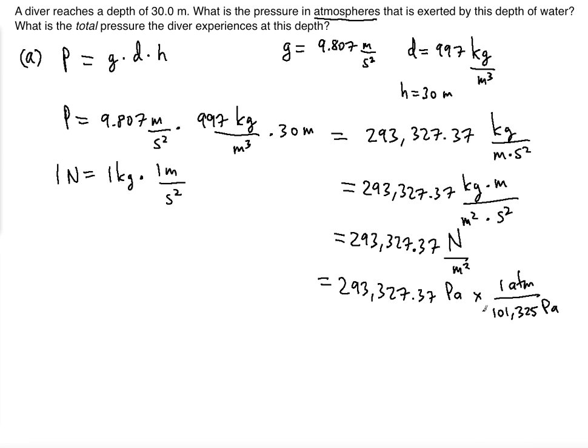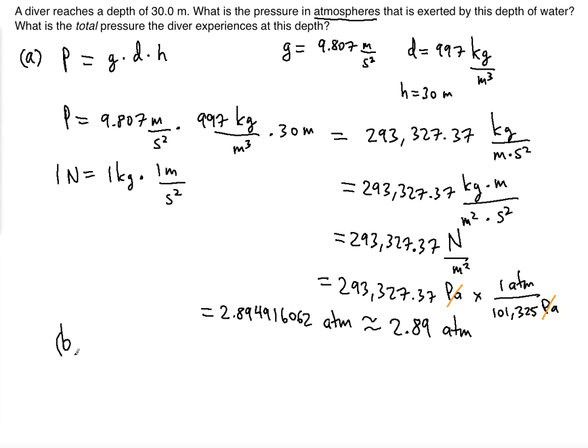So as a result, you will have the answer in atmospheres, and that's going to be 2.894916062 ATM, which you have to round to 3 significant figures: 1, 2, 3. So 2.89 ATM, because the 4 doesn't push the 9.